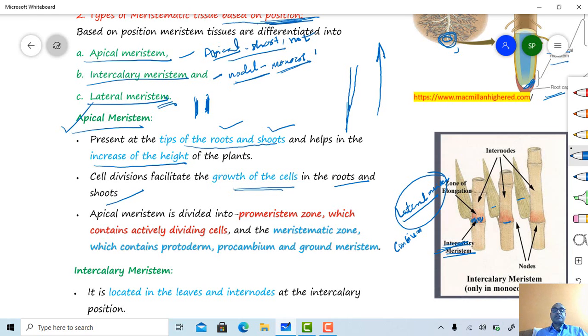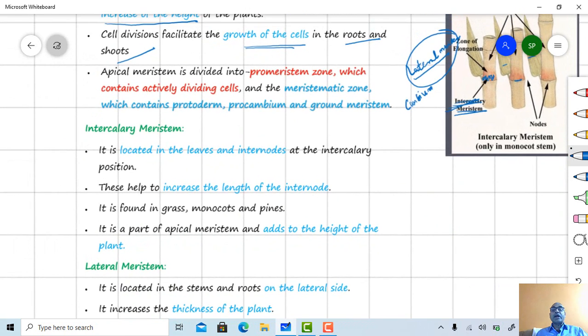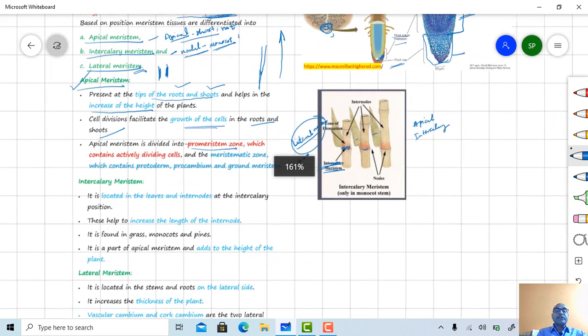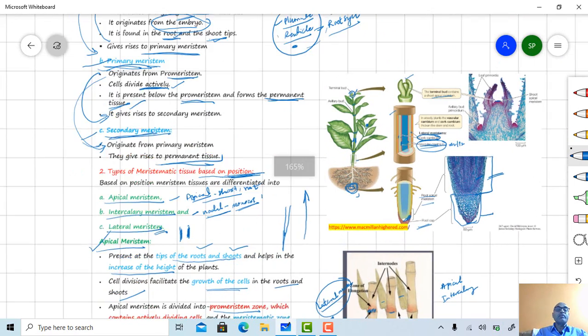This apical meristem is divided into the promeristem zone. That means primary, the first one, which contains the actively dividing cells, this one, promeristem.